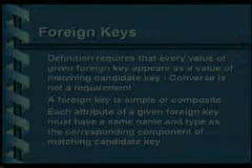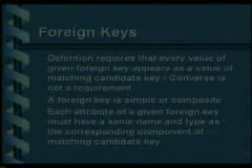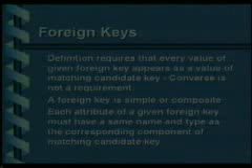Once again, look at the definition. The definition requires that every value of a given foreign key appears as a value of the matching candidate key. The converse is not true. So you must have a TLC code which exists.